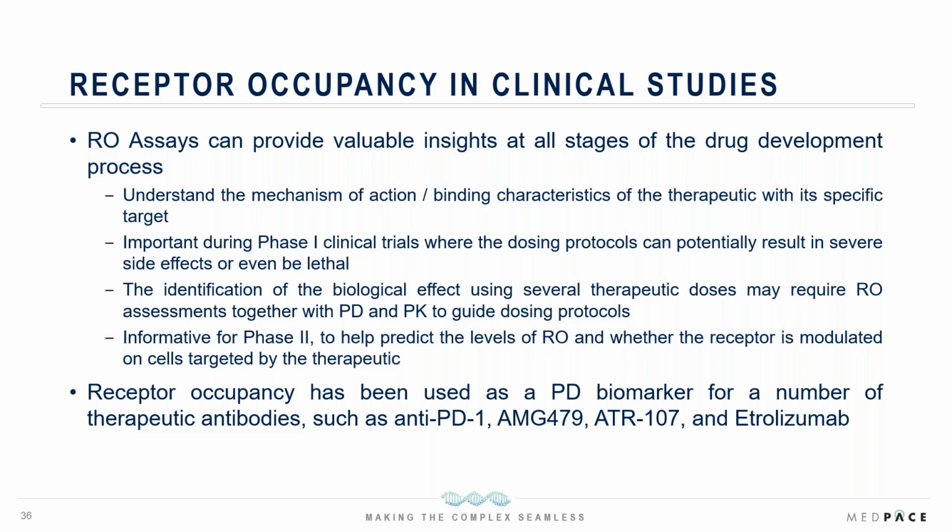Then, in preparation for phase 2, we can use receptor occupancy assays to help predict levels where the receptor is modulated by the therapeutic. So far, receptor occupancy has been used as a PD marker for a number of therapeutic antibodies, such as anti-PD-1, AMG 479, ATR 107, and etrolizumab.